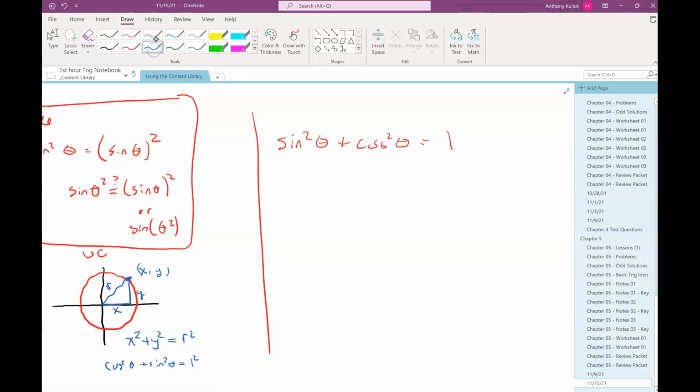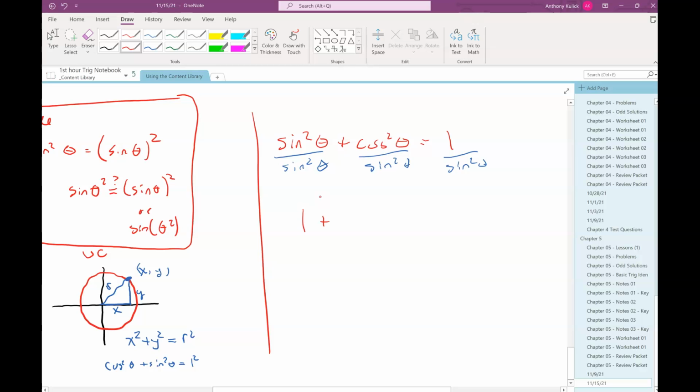If I take my first Pythagorean identity and I divide both sides by sine squared theta, sine squared theta divided by sine squared theta is 1. Everybody good with that? Cosine squared theta over sine squared theta, well, that looks a little bit like one of the identities that we had mentioned, right?